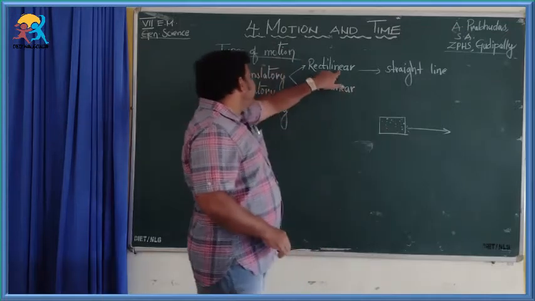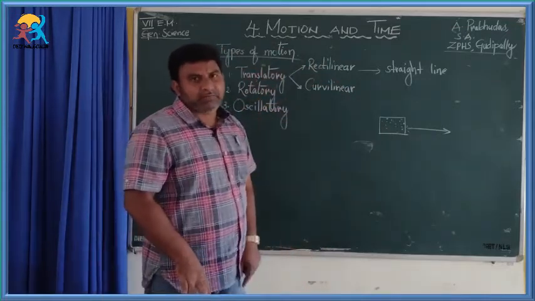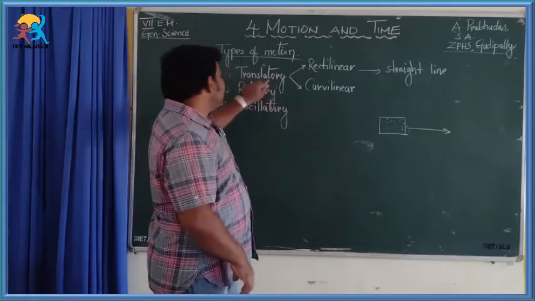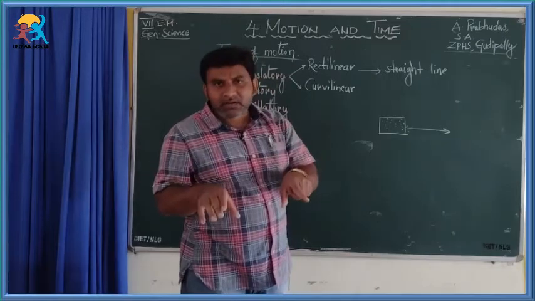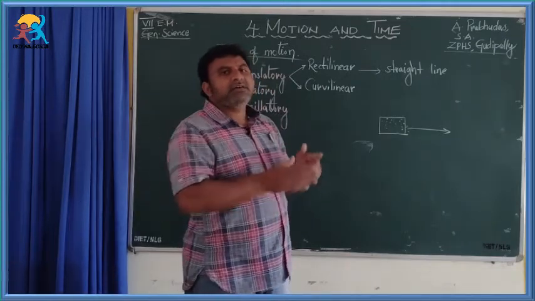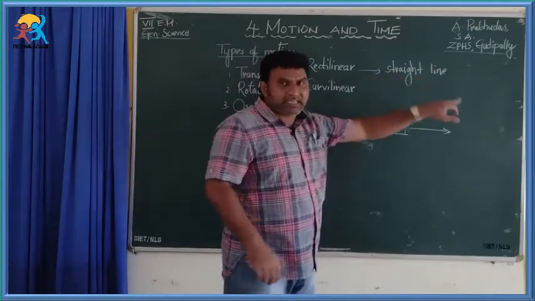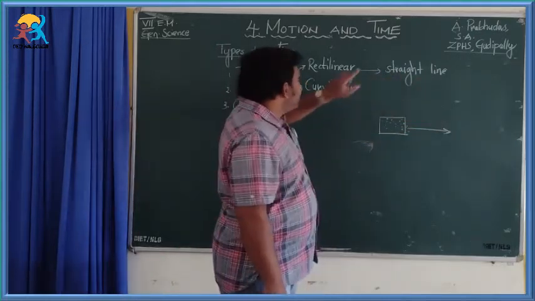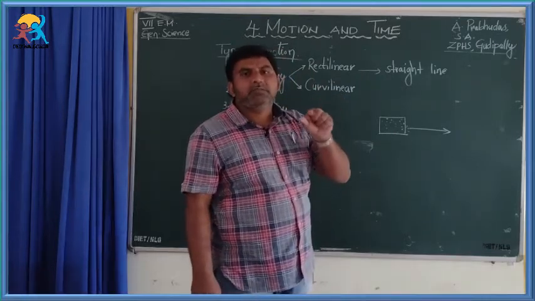So, rectilinear is a type of translatory motion, because earlier I told you translatory motion is of two types depending on the direction of the object. If the object moves in a straight line, that motion is called rectilinear motion.